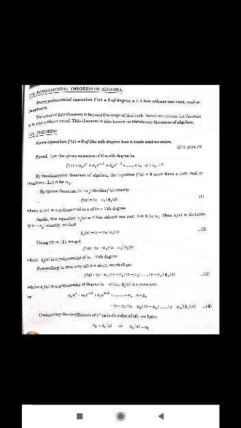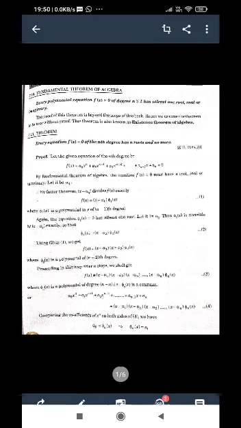Now again the same rule will be followed by phi 1, as phi 1(x) = 0 is a polynomial of degree n minus 1. So again by the fundamental theorem or existence theorem, this phi 1(x) also has a root, and let us suppose that root be alpha 2. It means phi 1(x) is properly divided by x minus alpha 2, and phi 1(x) can be written as (x - alpha 2) into phi 2, where again phi 2 is a polynomial in x of degree n minus 2.